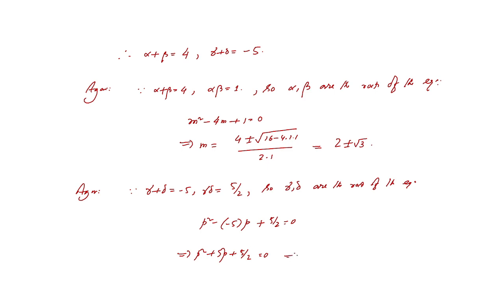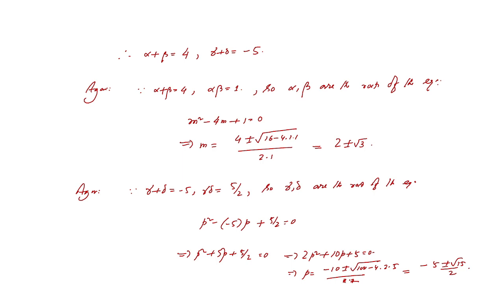And that implies 2p square plus 10p plus 5 equals 0. So your p value is minus 10 plus minus root of b square minus 4ac by 2a, so 2 into 2. So it will be minus 5 plus minus root 15 by 2.